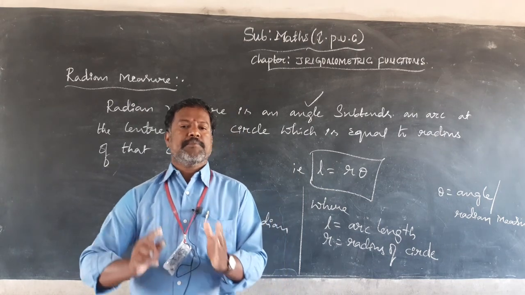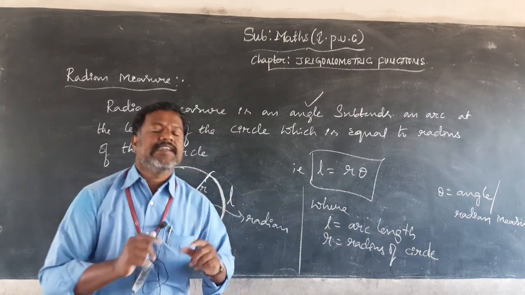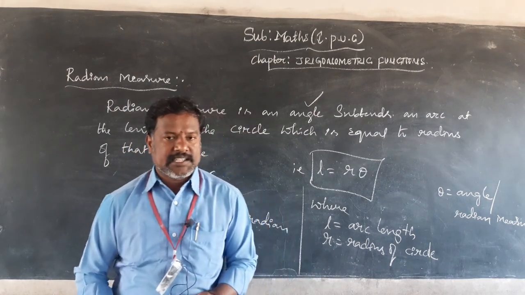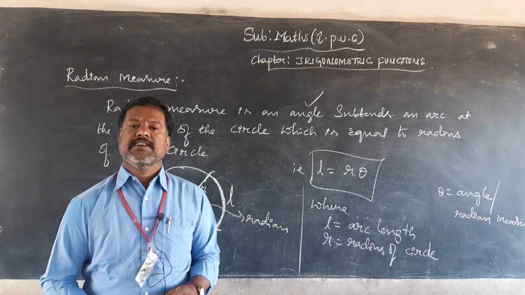Radian measure is an angle subtends an arc at the center of the circle which is equal to the radius of the circle.